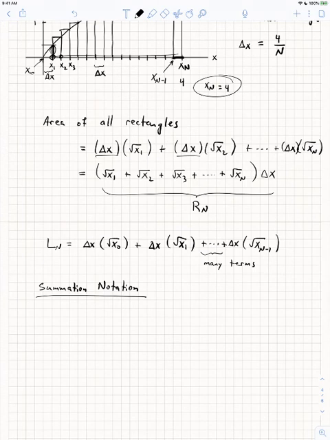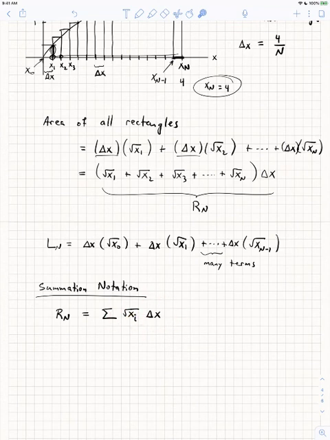So the right approximation, r sub n, is equal to, and we write it like this, we use a sigma, the Greek letter sigma, to indicate a sum. And the things that we're adding together are the square root of x, and then we put a little index i, times delta x, because all of the terms that we're adding together look like the square root of x with some index times delta x. So we write them down like this.